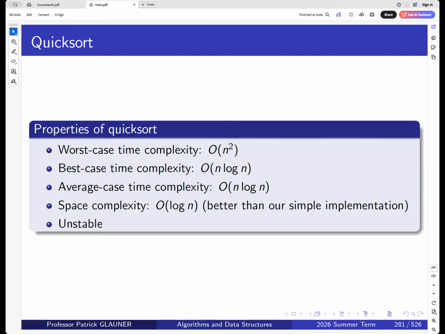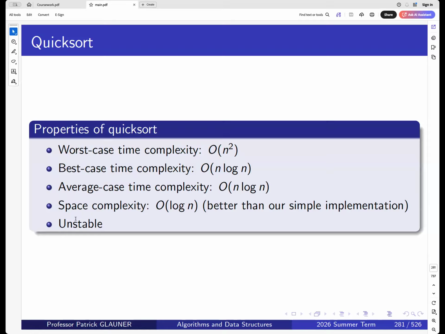While I wait for you, I'll already say a few words. Quicksort has a best case and average case complexity of O of n log n, because in the best case or in the average case, we would split with the pivot into approximately two lists that are the same size, and then this recurrence relation from merge sort would apply, and it would be O of n log n.